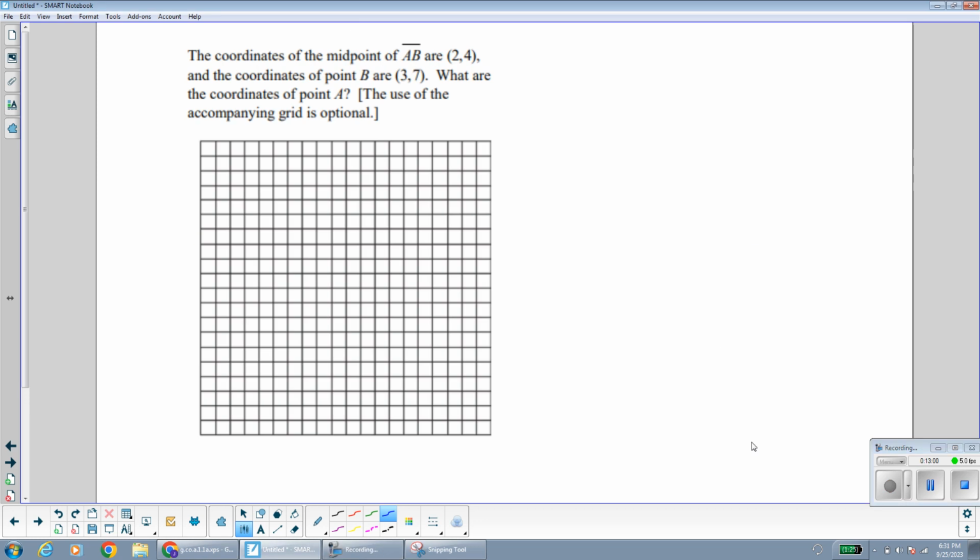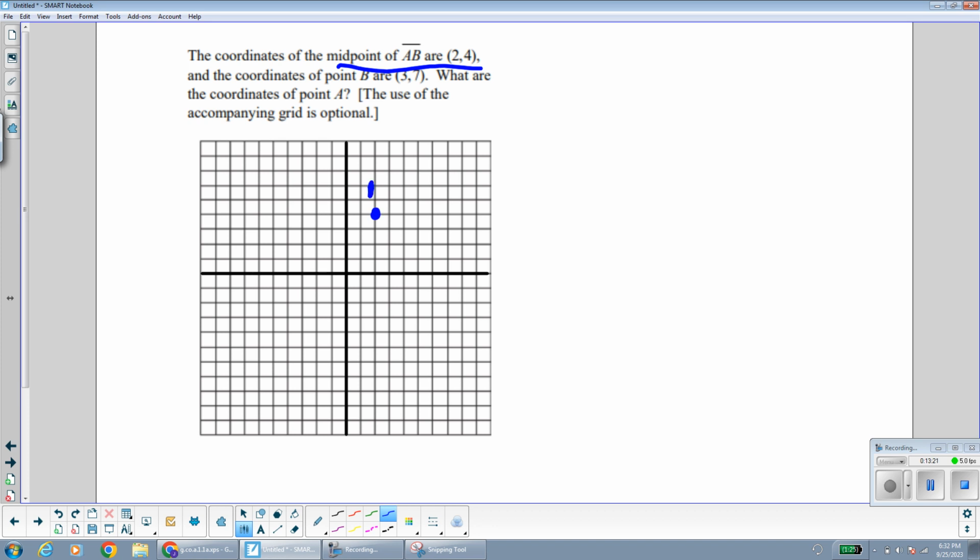This is the last one we're going to do in this video, and this one's a little bit different. The reason it's different is because if you take a second and read the question, instead of being given both of the endpoints, this time we're actually given the midpoint. The coordinates of the midpoint of the line segment are 2, 4.